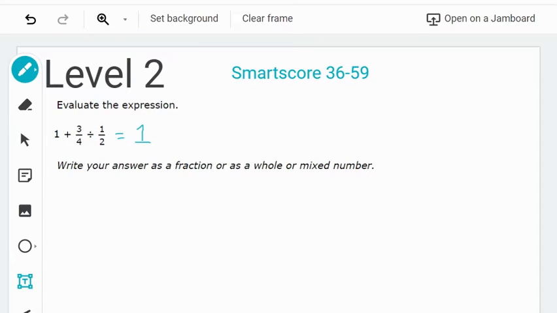Now, remember, division is not quite as easy as multiplying because there's an extra step, but it's pretty easy. When you're dividing fractions, you leave the first one and you multiply instead of divide, by the reciprocal of the second fraction.